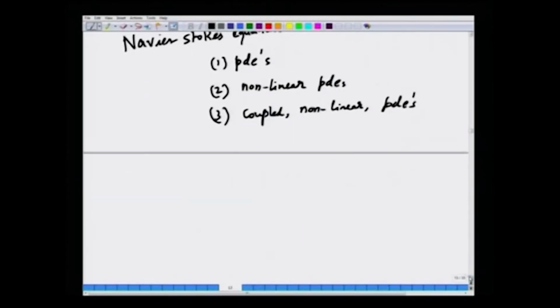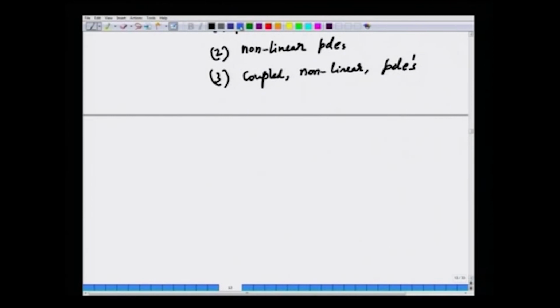Now, just as an aside, you also have what are called Euler equations. The Euler equations are the Navier-Stokes equations without any viscous effects. That is, if you set the viscosity to 0, which you cannot do in reality, because there is no fluid that has 0 viscosity.